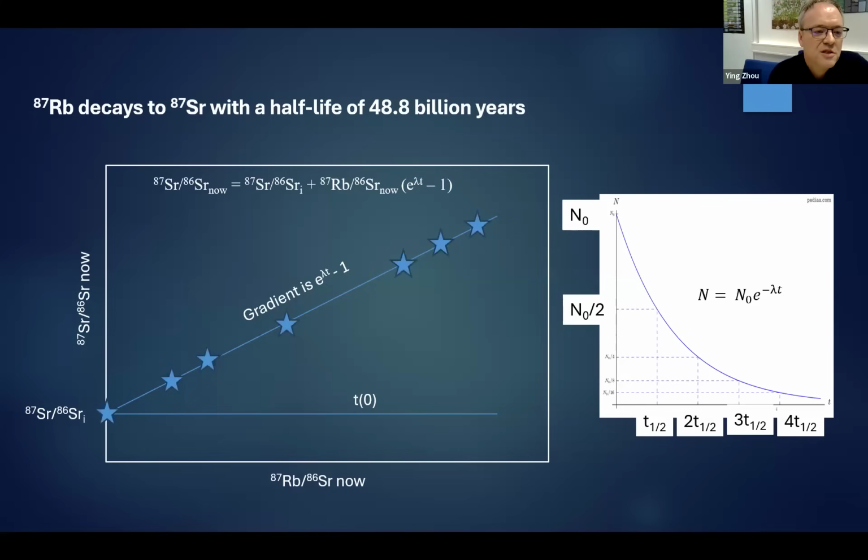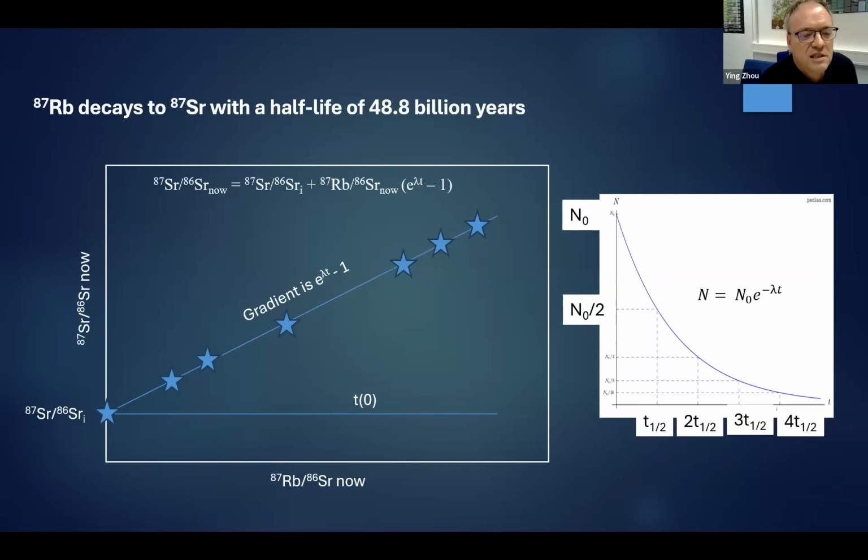So we can use the rubidium-strontium system as we would any other radioactive decay chain as a geochronometer. If we had a series of materials with relatively high rubidium-strontium ratio, they should fall on this line of equal age and cross over along the y-axis at the initial value.